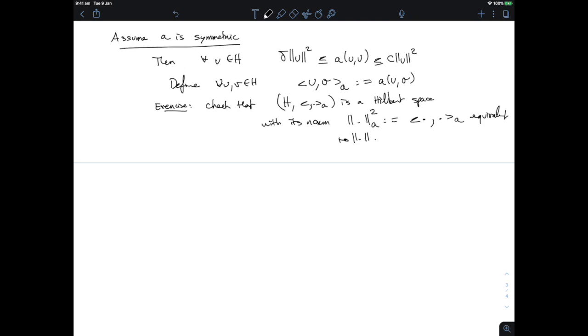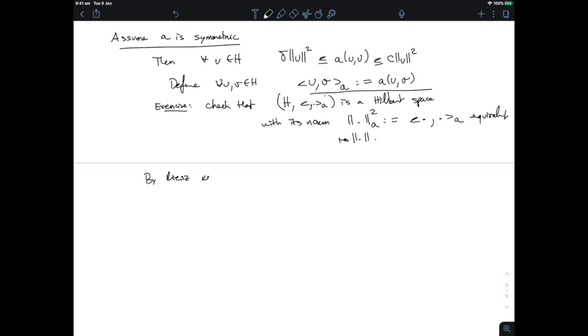Right, so I have a new Hilbert space with a more deformed inner product which has been modified by A. So my inner product between U and V is now A of U, V here. Nevertheless, I have a Hilbert space with respect to this new inner product, so I have the Riesz representation theorem.